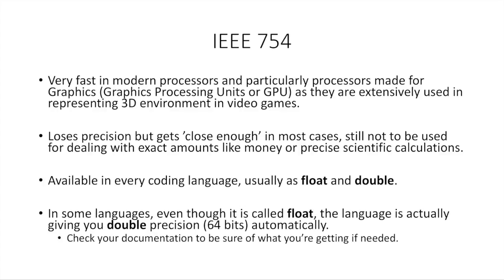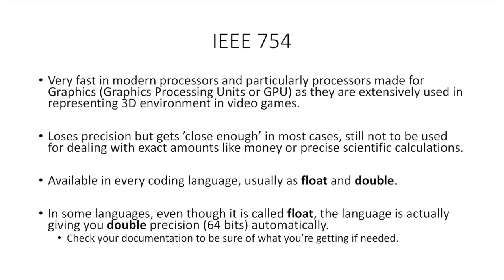So all the calculations that go into figuring out how to show the 3D environment on the screen are floating point math. So they build processors that are very good at doing floating point math. And that's what you mostly get out of a graphics processing unit, floating point processing power. A general CPU can do floating point, but it's not mostly floating point, whereas a graphics processing unit mostly deals with floating point operations.